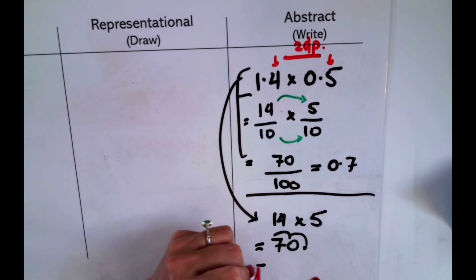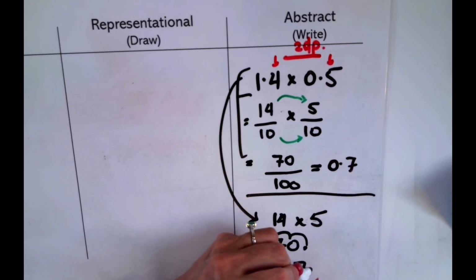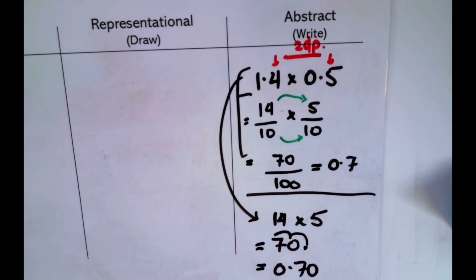Now I've got a lot of issues with this. One of those being that the decimal place doesn't move when we multiply and divide by factors of 10. It's the digits that will move up and down a decimal place, but the decimal point does not move. So we need to stop referring to the decimal point as being moving.